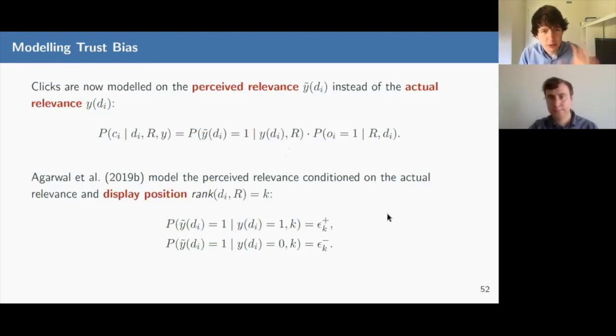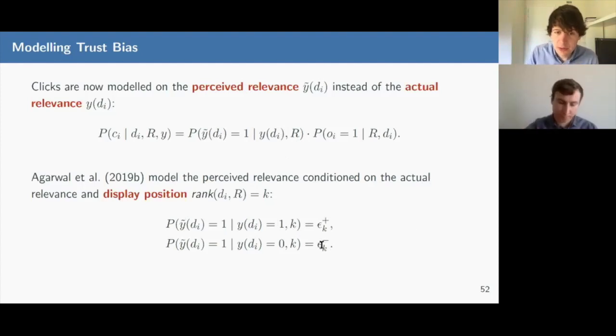The way that it's modeled in this paper is by conditioning this click on the actual relevance and on the rank of the document. So for every rank k, there is an epsilon k plus parameter. It's the probability that someone will think this document is relevant and click on it if they observed it, given that it's relevant, right? So it's actually relevant and they think it's relevant.